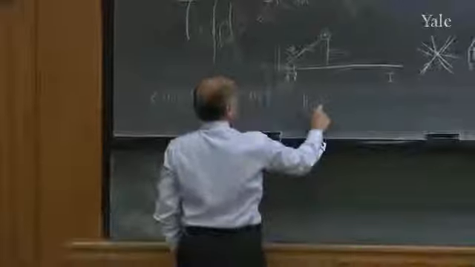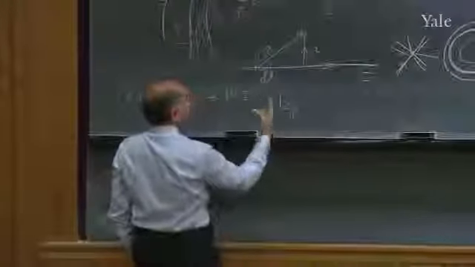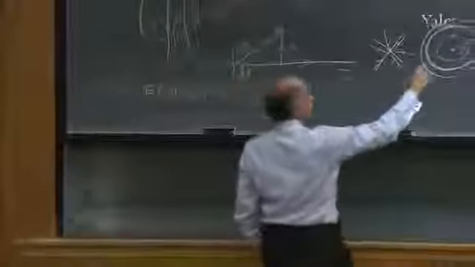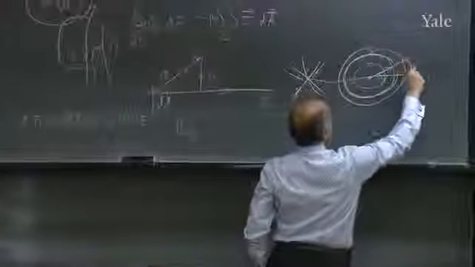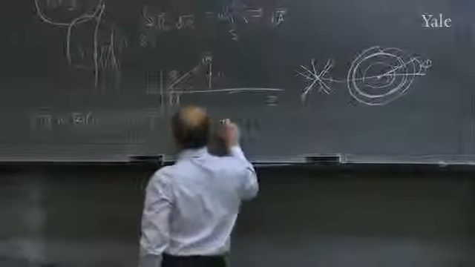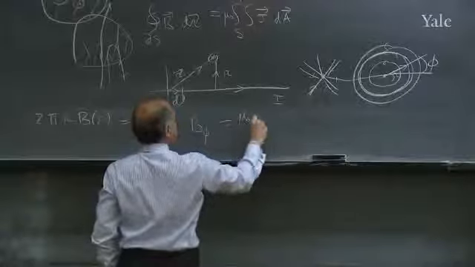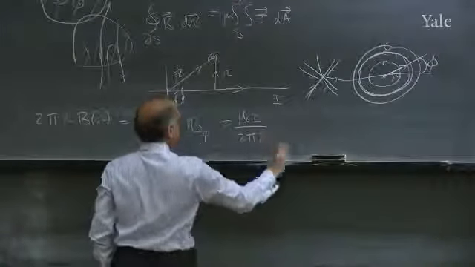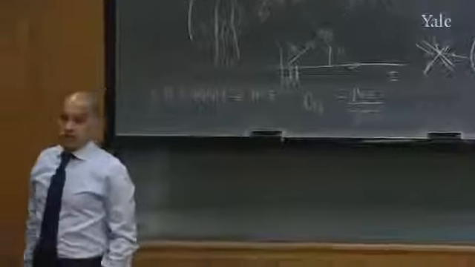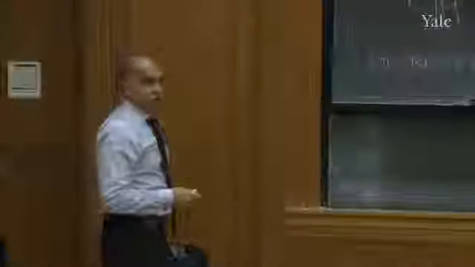So you find B sub phi, meaning in the azimuthal direction. This angle is called phi. B sub phi is mu 0 I over 2 pi r. That's the result we got from integration, but you can also get it from Ampere's law.